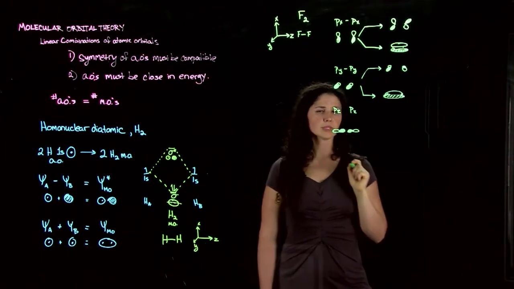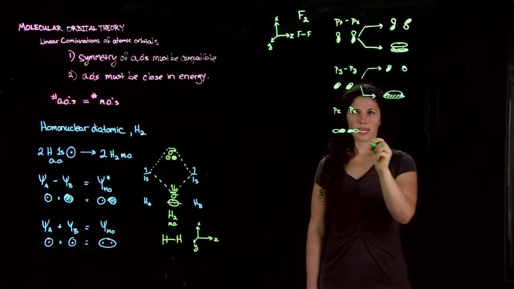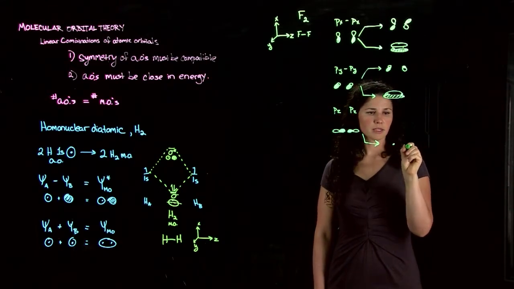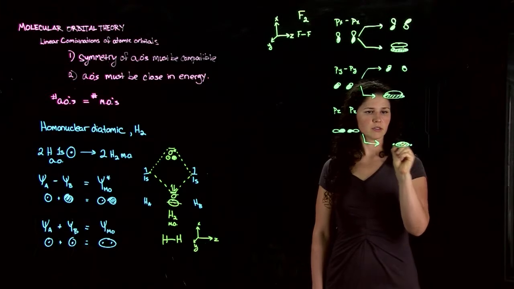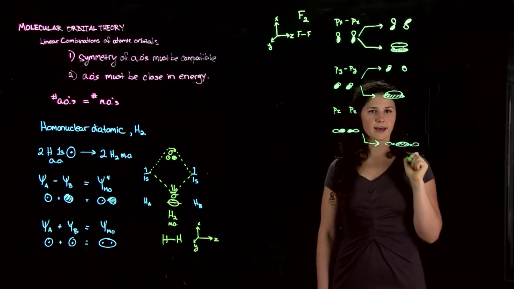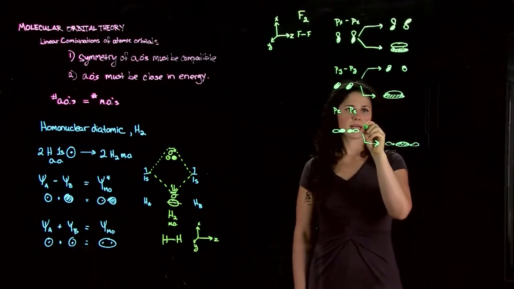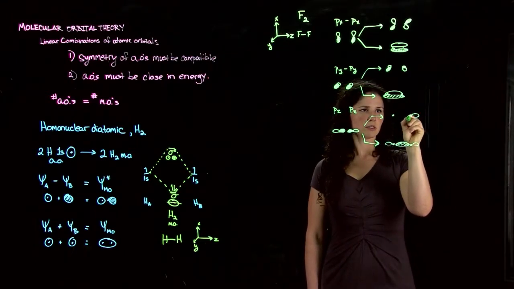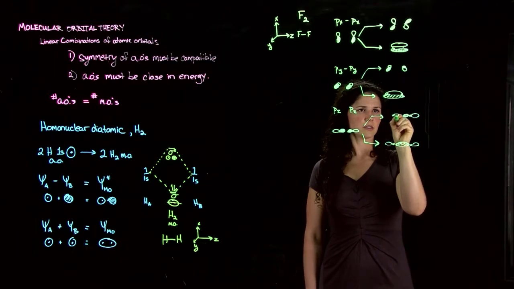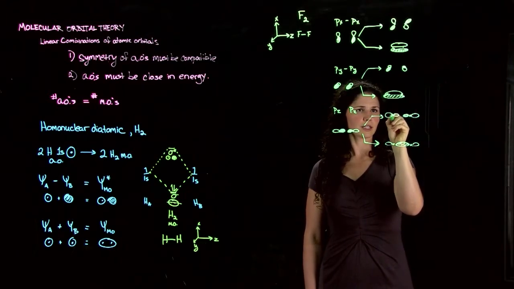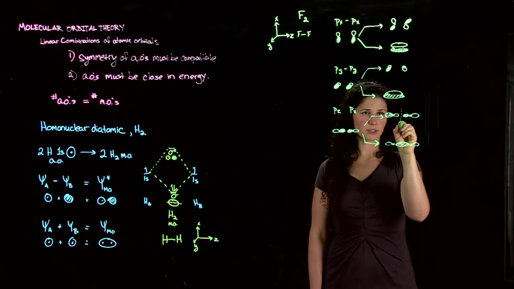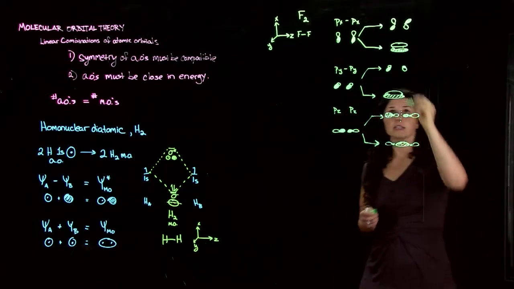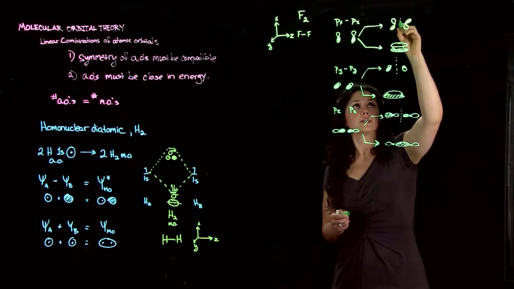So if I take these two and I combine them in a constructive way, my bonding molecular orbital will look like that, and my antibonding molecular orbital will look like that. So there's a node here between the two nuclei, just like there is here and here.